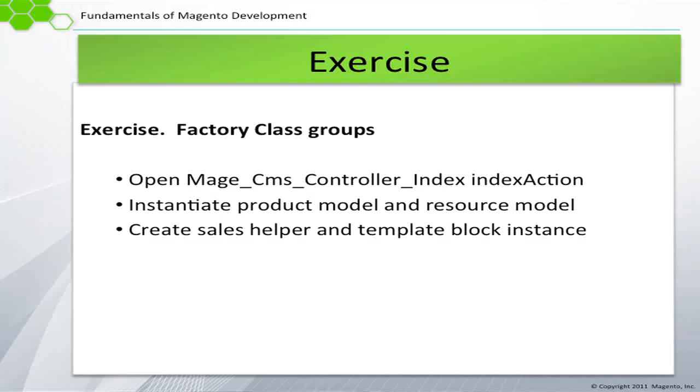All right. So here we are at the end of lesson 6, and we're going to take a second to instantiate the product model, product resource model, sales helper, and the template block instance. Again, this is not a very practical example, but it should help those of you who haven't done this before get familiar with working with these factory methods.